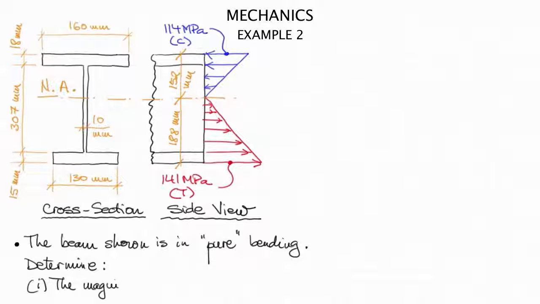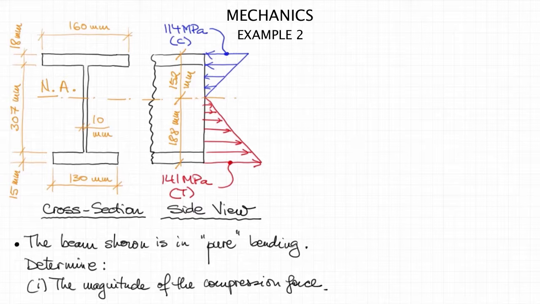We have to determine, firstly, the magnitude of the total compression force. So in other words, we need to determine the volume of the compression stress block, the blue one. Now, it might look simple because it looks like a triangular wedge-shaped stress block.